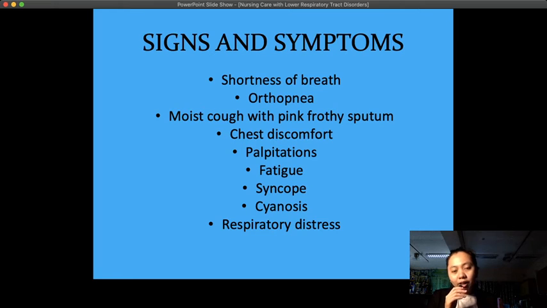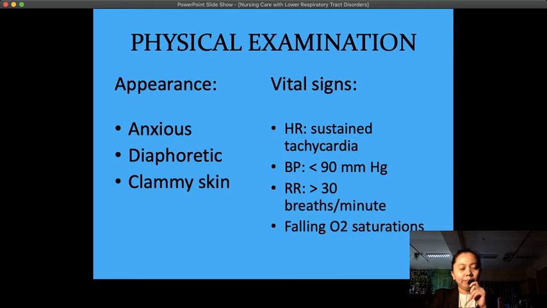Okay, so pag bigla kang tatayo, alright, and then moist cough with pink frothy sputum, chest discomfort, palpitations, fatigue, syncope, cyanosis, and respiratory distress. Okay, so appearance, anxious, diaphoretic, clammy skin.